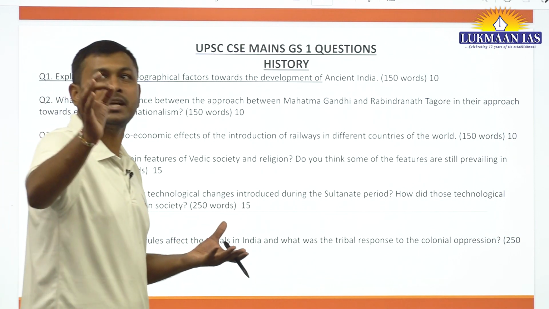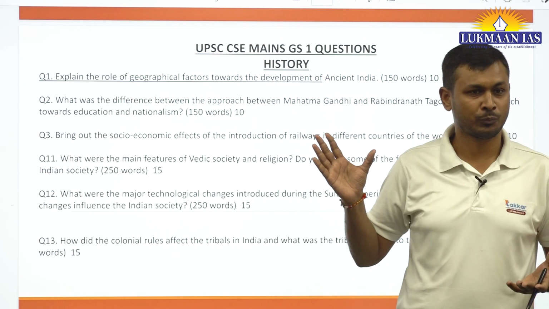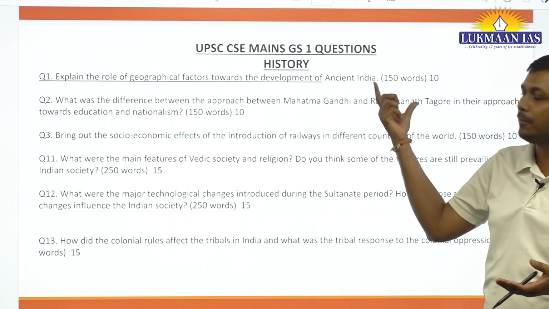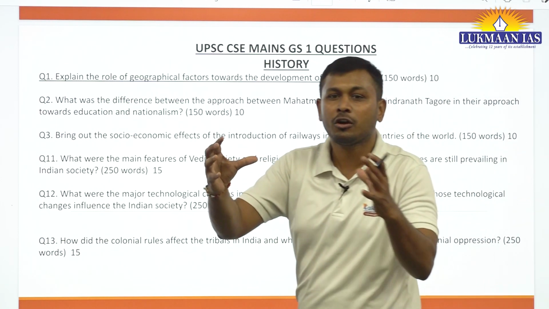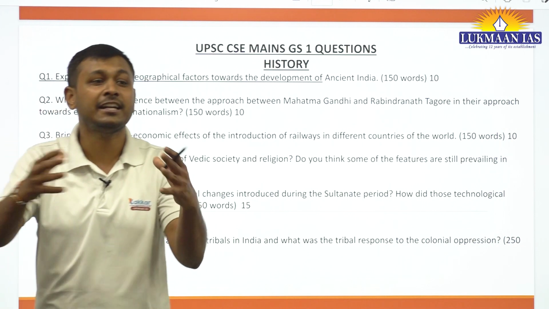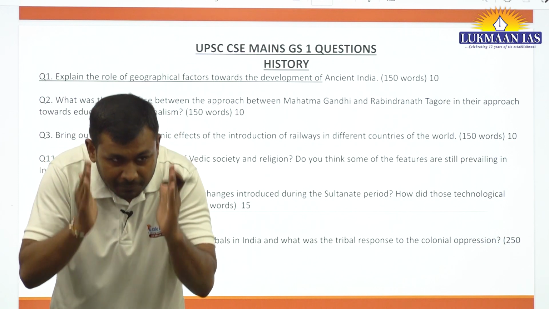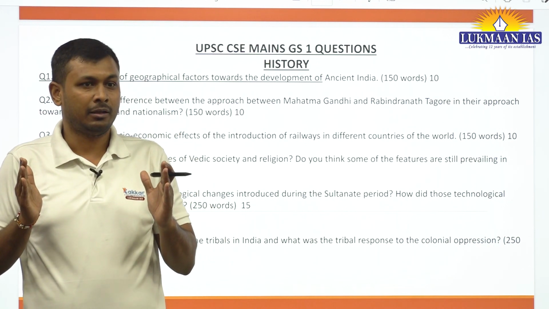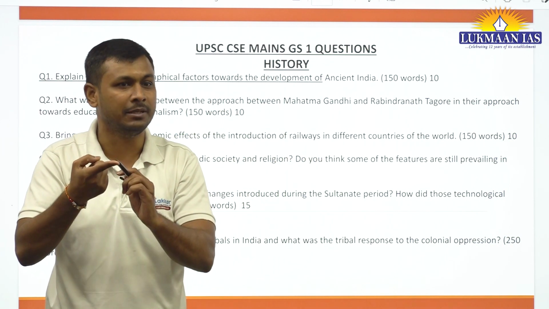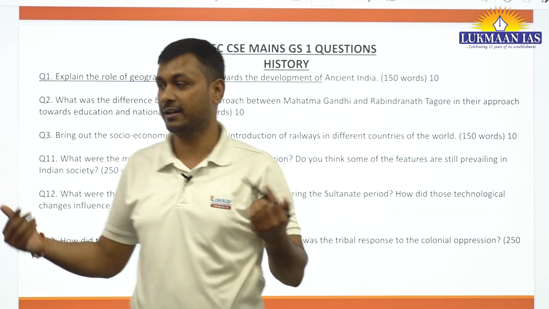That the aim and objective of the examination is to test the intellectual standard of the candidate. So here you see: explain the role of geographical factors towards the development of ancient India. History has been connected with geography. So there is analysis. Not like a horse with blinkers, looking at only one place. GS Paper 1 has history, geography and society. Questions are made such that all three are linked with each other.